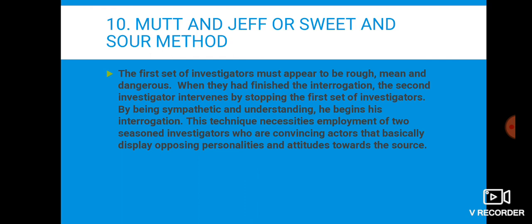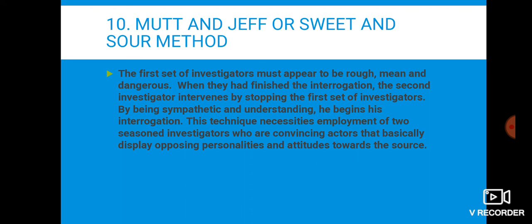Number 10, Mutt and Jeff or sweet and sour method. The first investigator must appear to be rough, mean, and dangerous. When he has finished the interrogation, the second investigator intervenes by stopping the first.